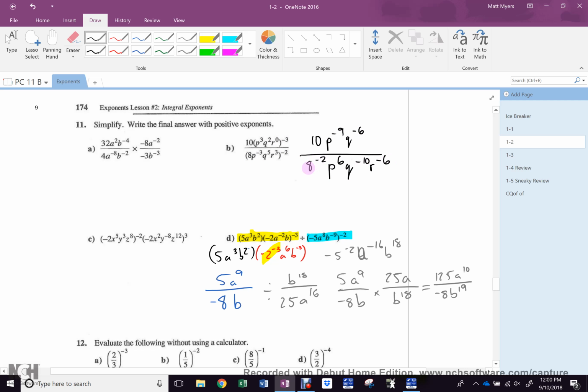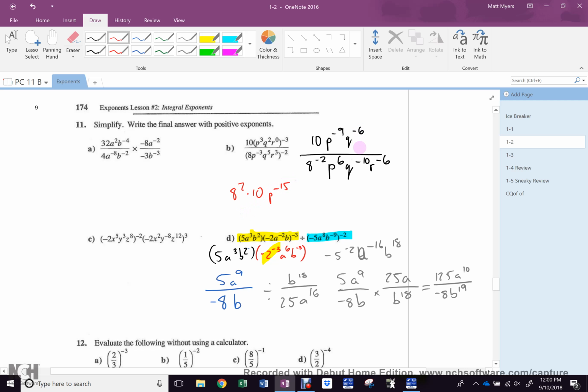Now, a negative 2 down there means what? It's going to go up here. So I'm going to end up with 8 squared up top. 8 squared times 10. What's negative 9 minus 6? Negative 15. So I've got P to the negative 15.